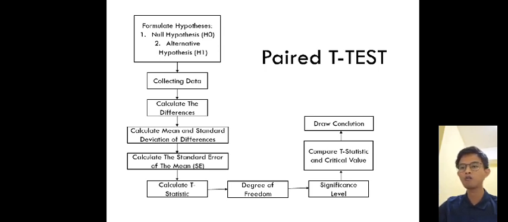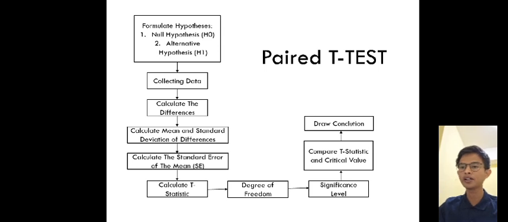we should calculate the difference between the two observations, and then calculate the mean and the standard deviation. Later on, I will explain the formula for the standard deviation, and after that calculate the standard error of the mean, or SE.